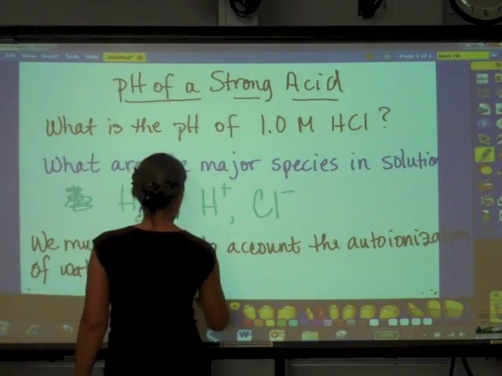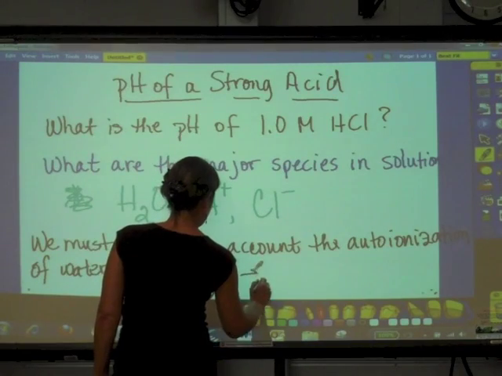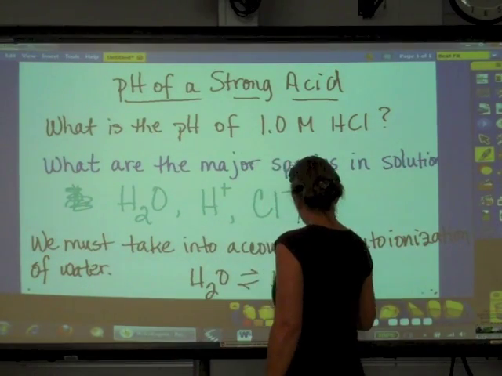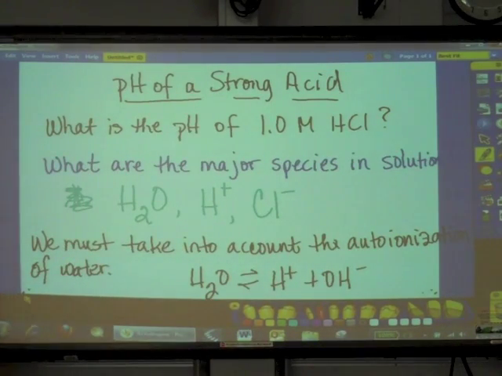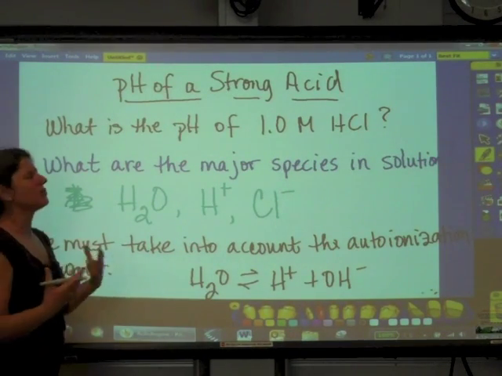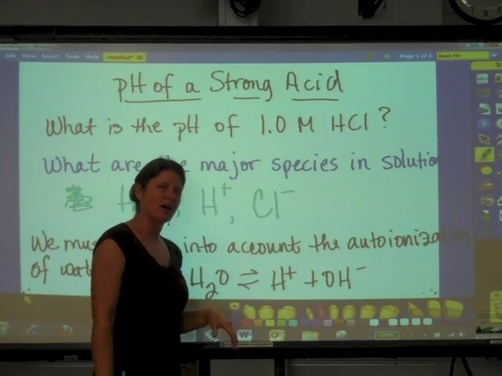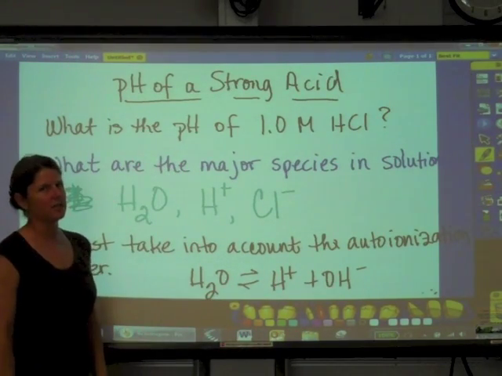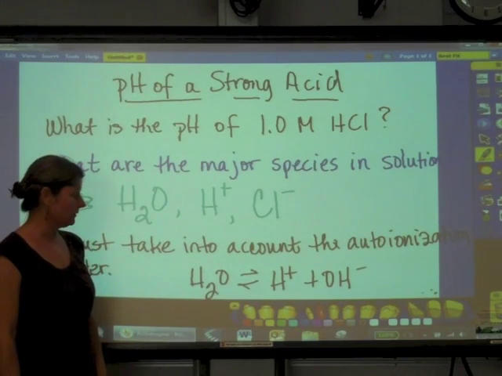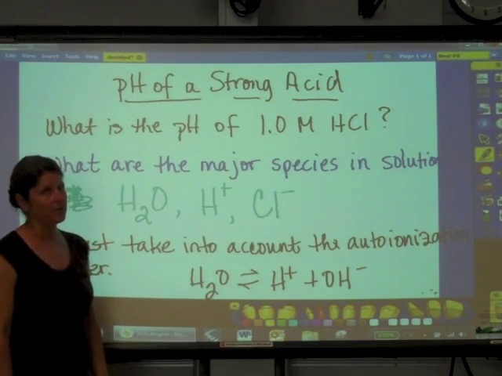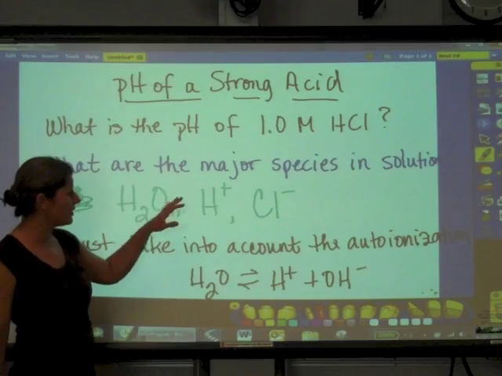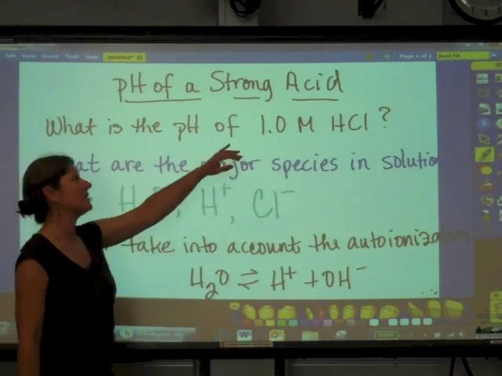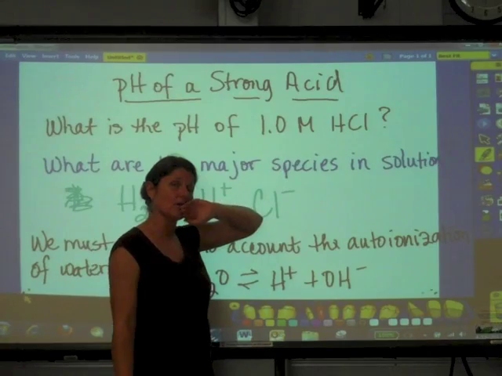That being water going to H plus and OH minus. Okay, but at room temperature, what is the concentration of hydrogen ion coming from the auto-ionization of water? Well, 1.0 times 10 to the minus 7th is very, very little compared to the amount of hydrogen that is coming from this 1 molar HCl.